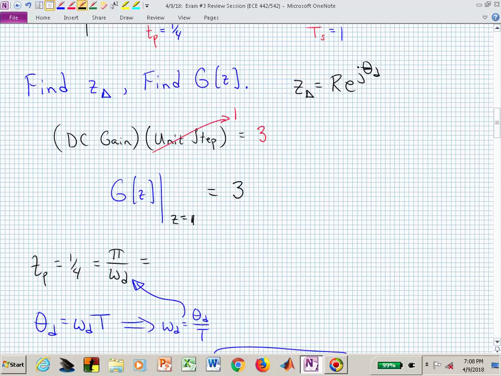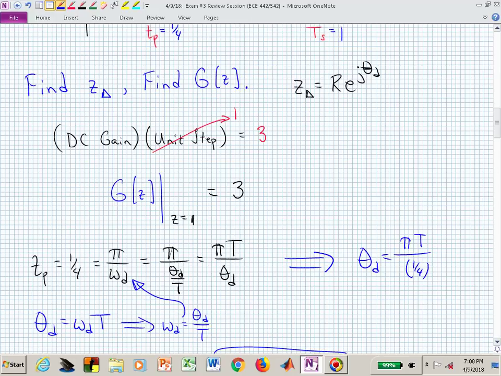And we can now replace omega sub D. That's equal to theta sub D over T. So that now we have pi over theta sub D over T. And that's equal to pi T over theta sub D. So if now you know that the time to peak is 1/4, you could solve that for theta sub D. Theta sub D is now pi T over 1/4.